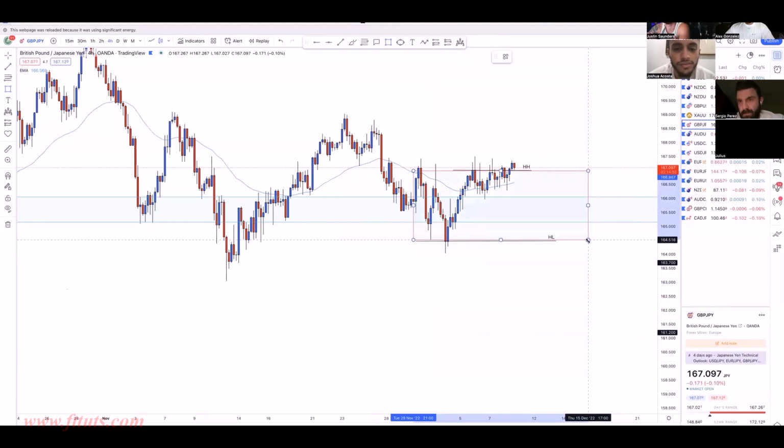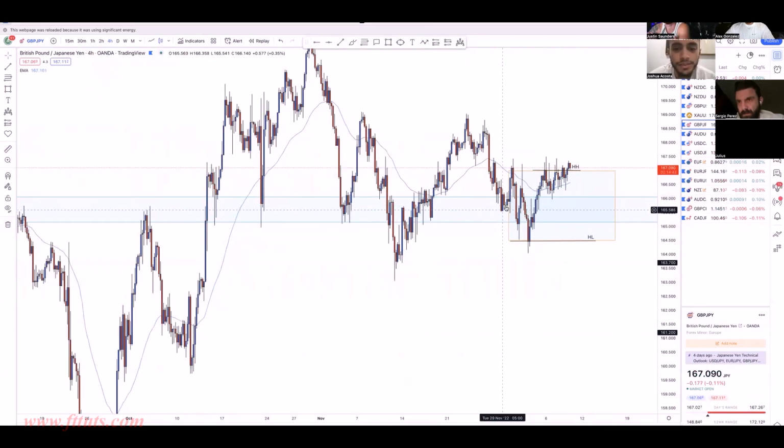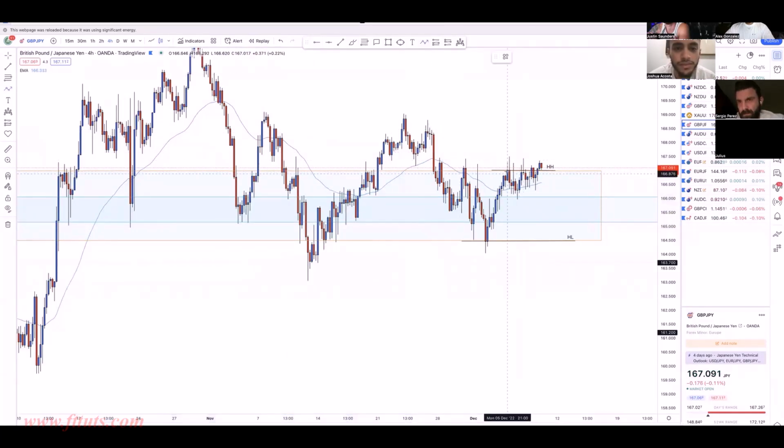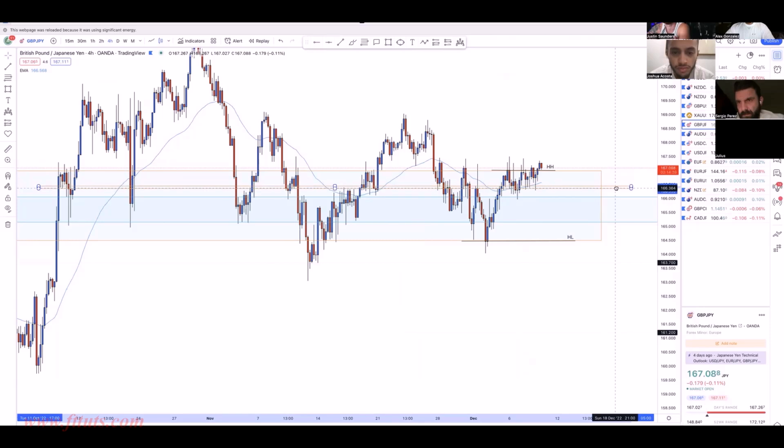What we'll do is mark it off in a yellow color. No, you can't even see yellow. We'll do orange, so we know it's the 4-hour. We draw it out to the left, and we just need a little retracement to take the buy. So we're going to find our area of interest. Let's say this is our zone. We start dragging down. What do we notice at this point?